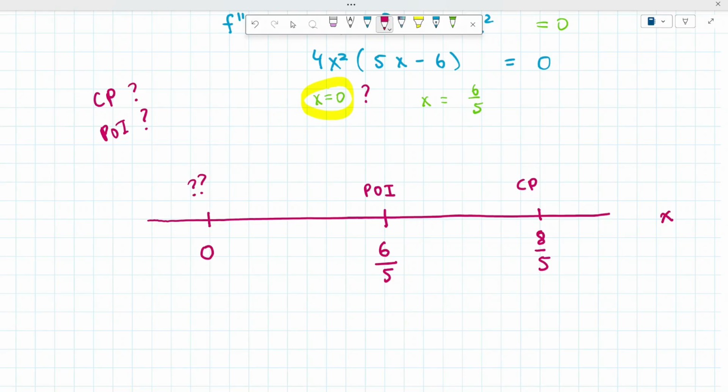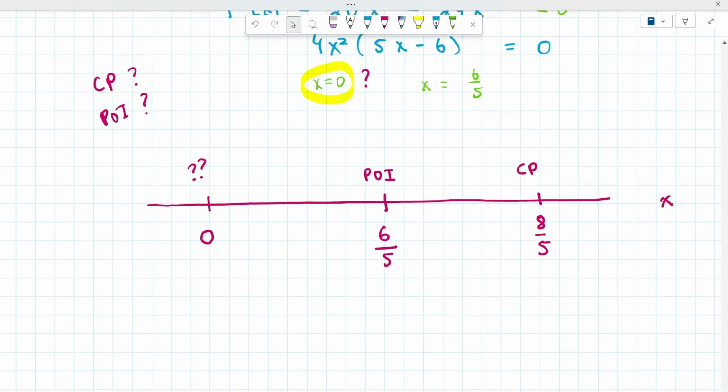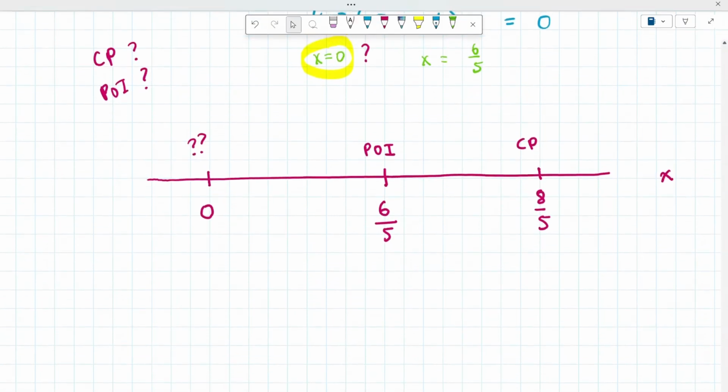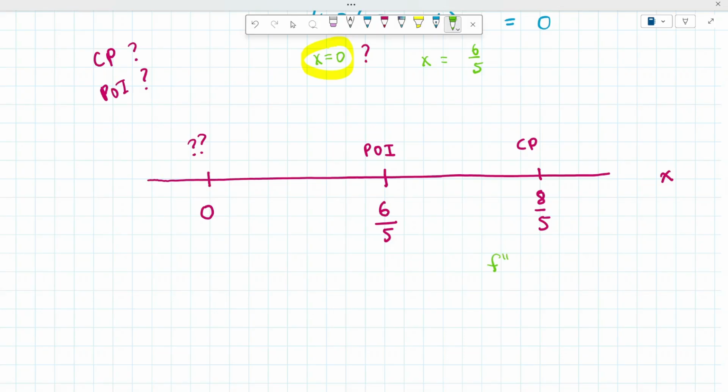This is where we want to use our second derivative test, because for a number to be a point of inflection, it has to have different signs of the second derivative on either side of the point. If we plug in a number between 6 over 5 and 8 over 5 into our second derivative, we see that the second derivative on this interval is greater than 0. However, if we plug in a number between 0 and 6 over 5, like 1 for example, we can see that our second derivative is less than 0.